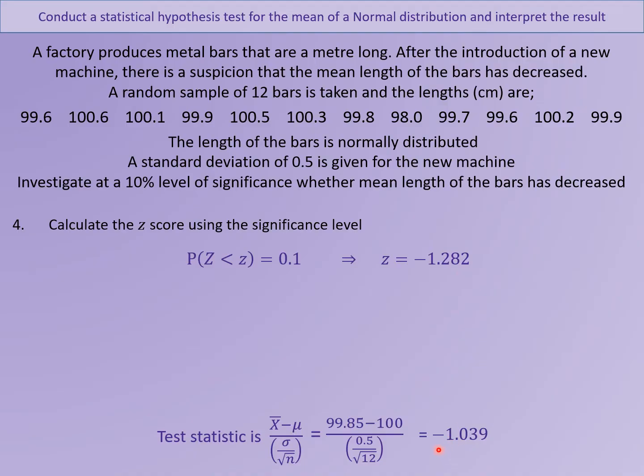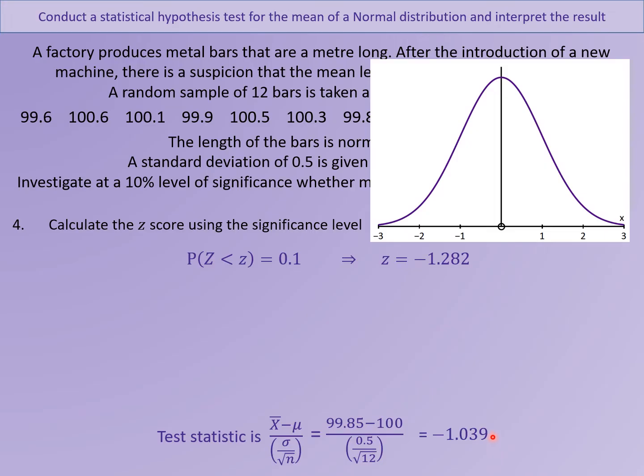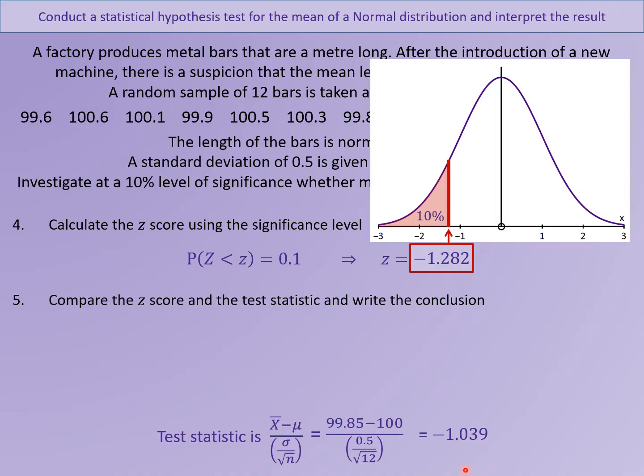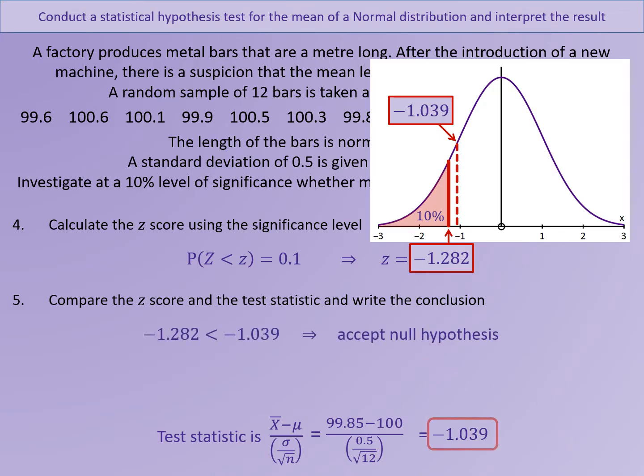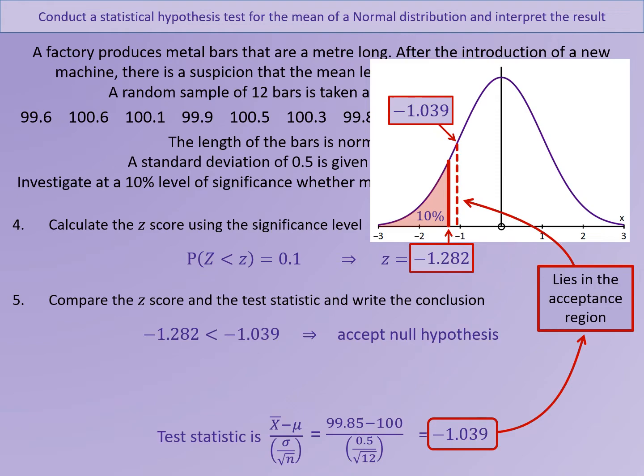Now, as you can see, it's not quite there. So in this case, there is our critical value at the bottom 10%. We're looking to see whether we cross that critical line. Now in this case, as we can see, minus 1.039 is not past that critical value. It's within what we call the acceptance region. So therefore we accept the null hypothesis.